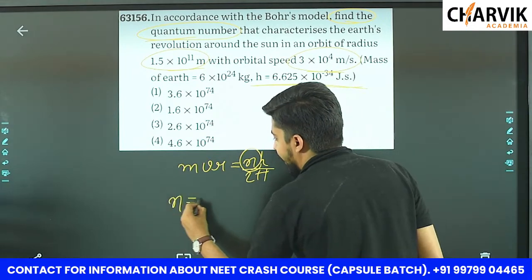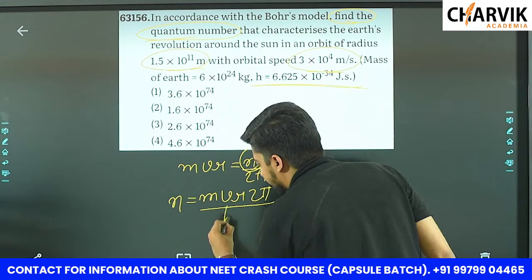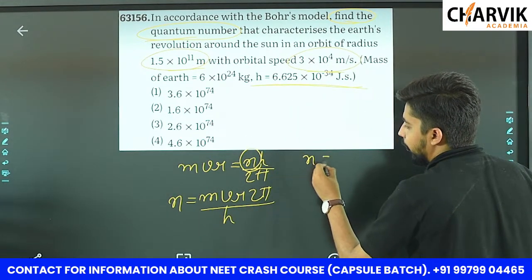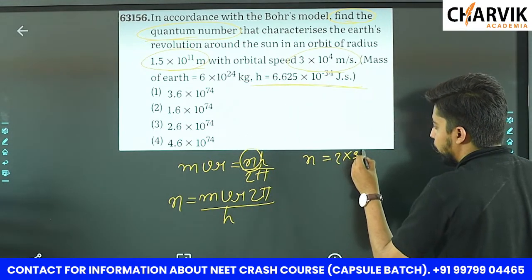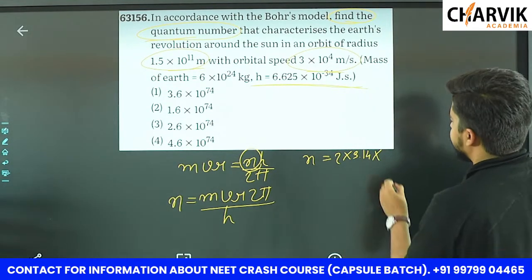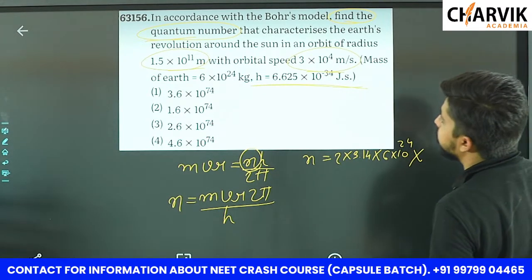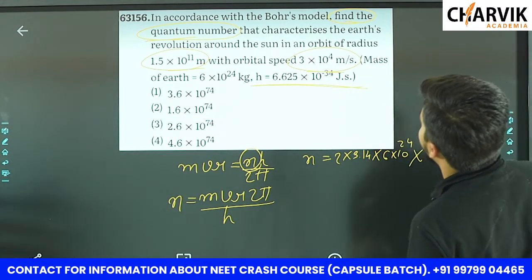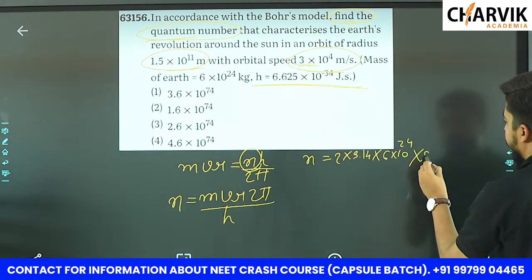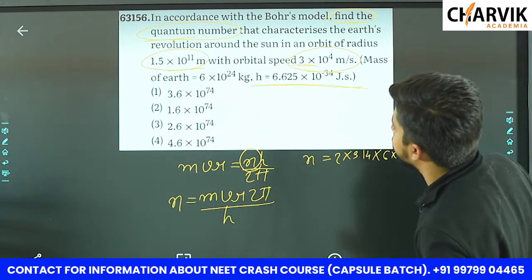So our n becomes mvr 2 pi divided by h. So the value of n will be equal to 2 into 3.14 into m. What is mass? Mass is 6 into 10 raised to 24, into velocity. Where is the velocity? Yes, 3 into 10 raised to 4, into radius.